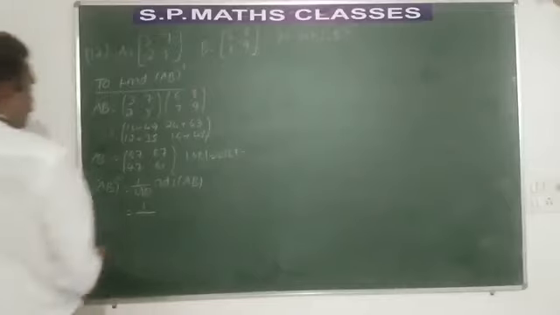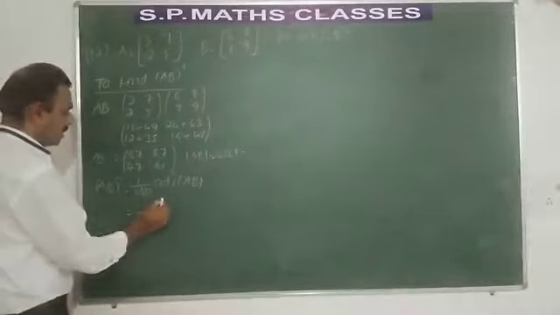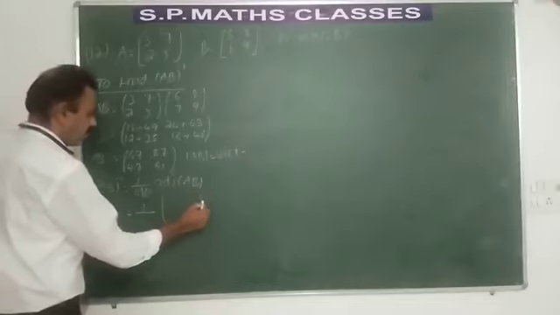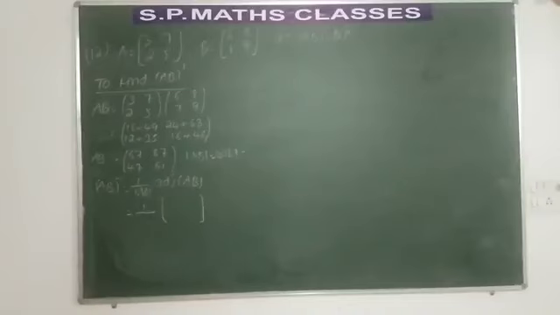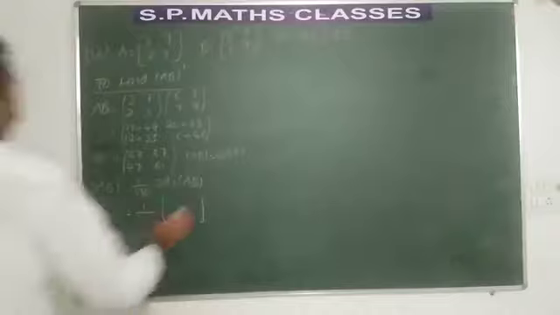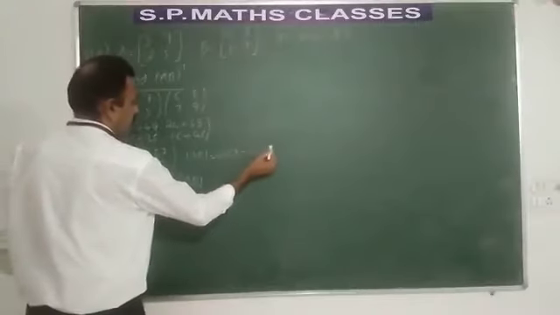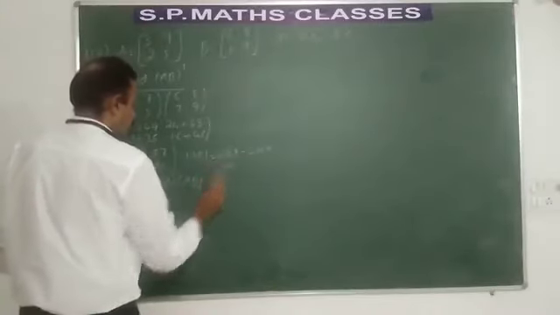Find out the value, 87 into 47. That is 4089. So what is the difference you get?